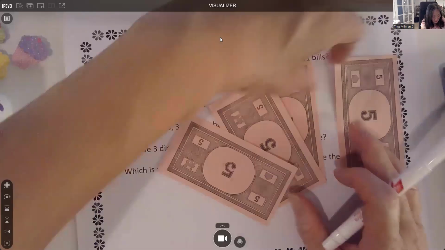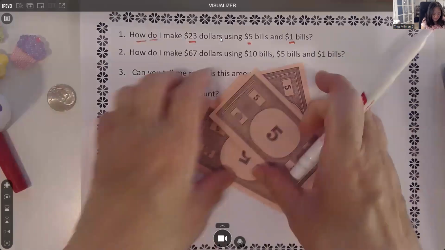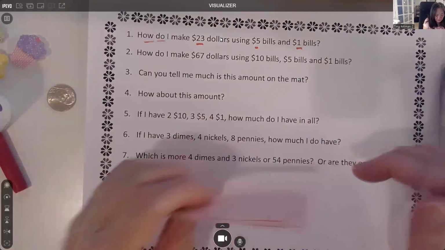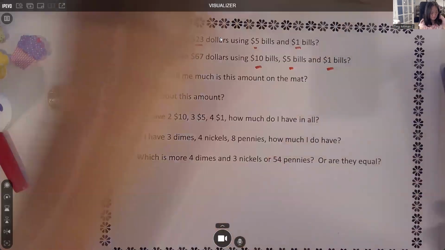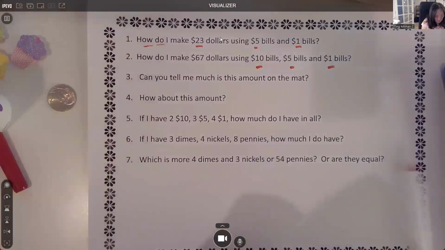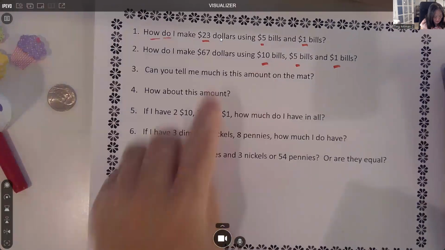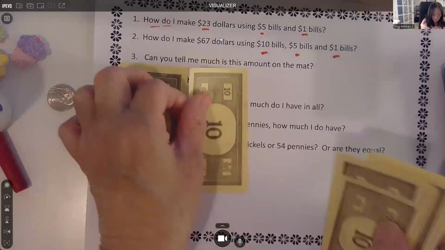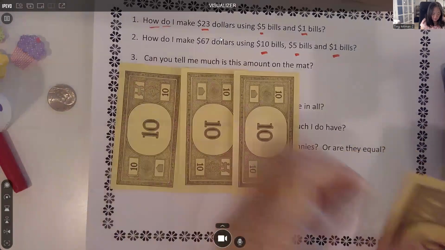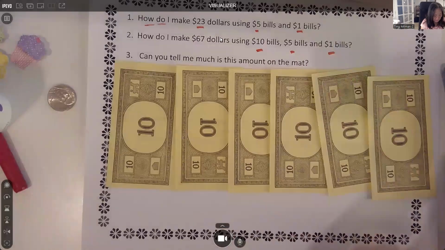All right, next one. How do I make $67 using $10 bills, $5 bills, and $1 bills? So we take out how many? We take out 6 10s, right? 1, 2, 3, 4, 5, 6.